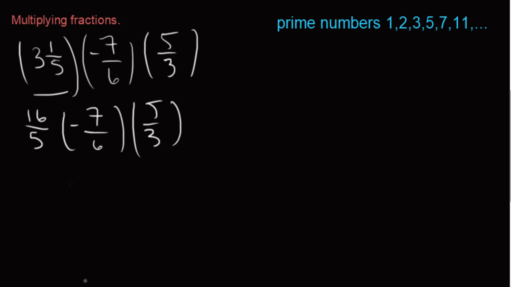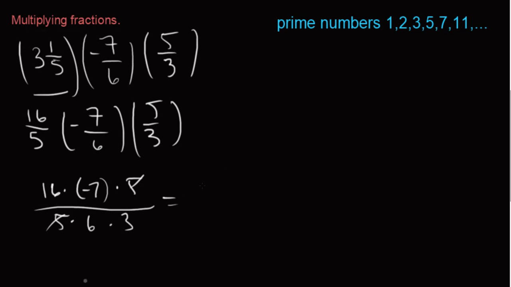Since it's multiplication, I can put them all over the same denominator, all over and all under the same line. So I have a 16 times a negative 7 times 5, all over 5 times 6 times 3. Cancel the 5s.